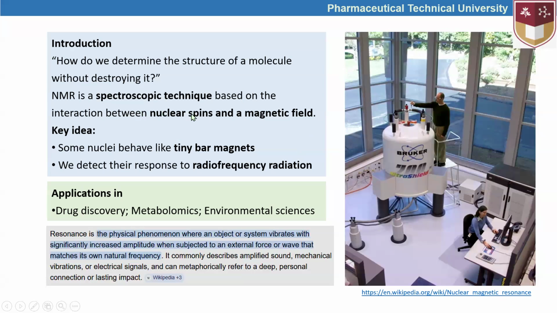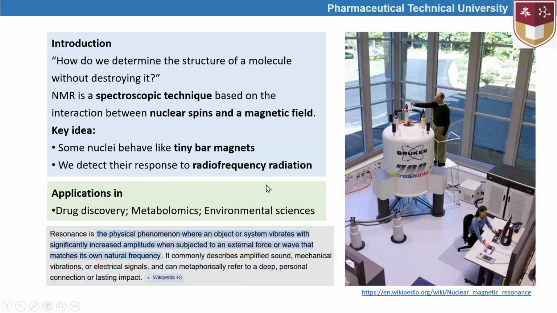Based on this interaction, we can detect the response of the nuclear magnetic field to radio frequency radiation. This method is widely used in drug discovery, metabolomics, and environmental sciences. I would say in all disciplines of natural sciences.